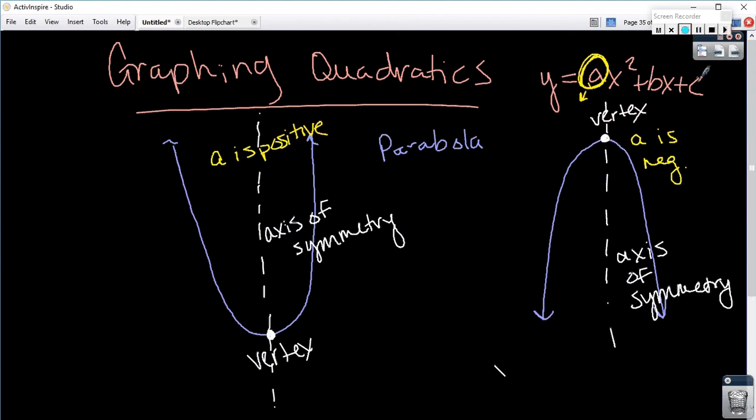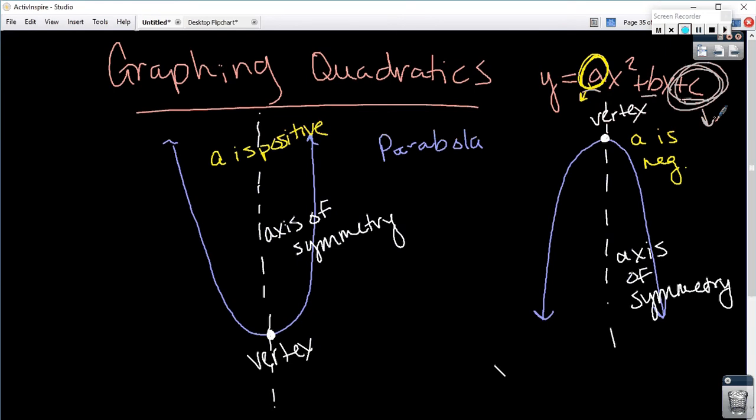The other thing that you can draw from this equation, so we've got an A, a B, and a C, right? The C is very special, okay? The C is very special because, you know how when we're graphing lines and we have mx plus b, and that b on the end is real special?